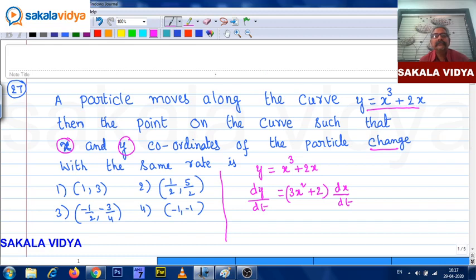So, now this is x square, okay. Now, y equals x square plus 2x, now dy by dt is equal to 2x.